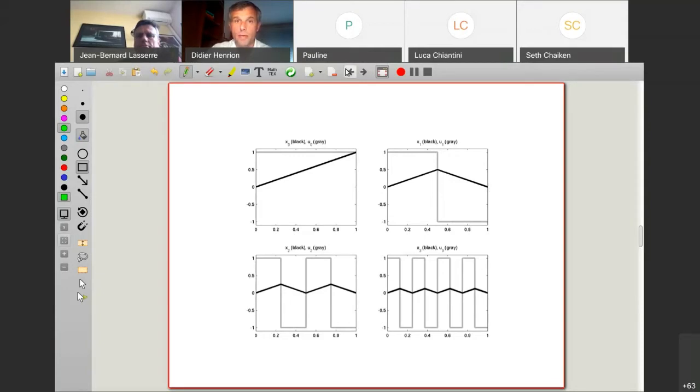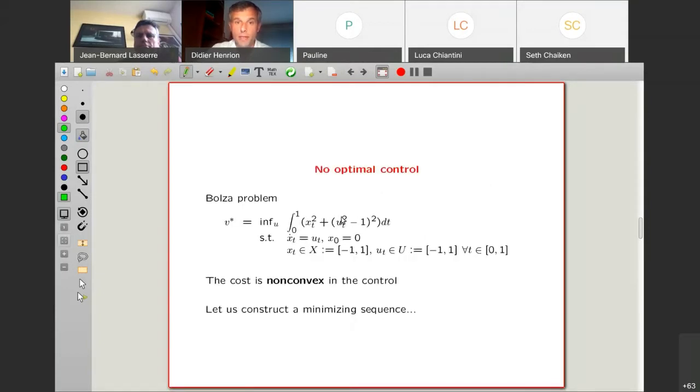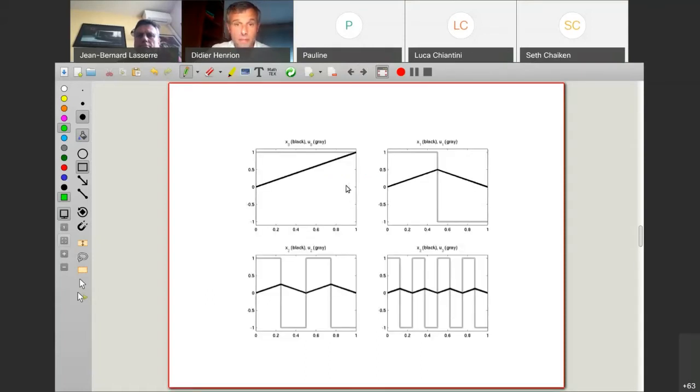So again, this will be identically 0. And the remaining term here is the squared L2 norm of the state. It will be better than this one. If you look at the graph, it's smaller somehow in absolute value. So when you integrate with respect to time the square of it, you get a smaller value.